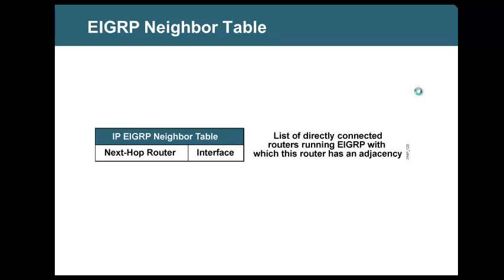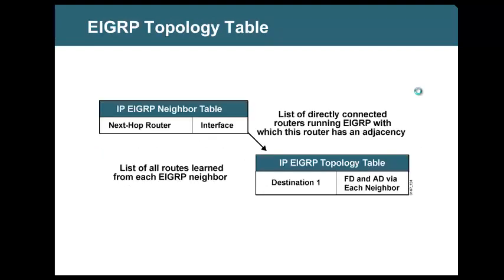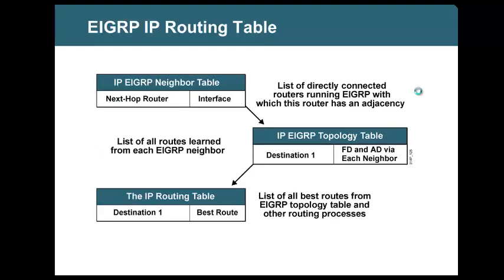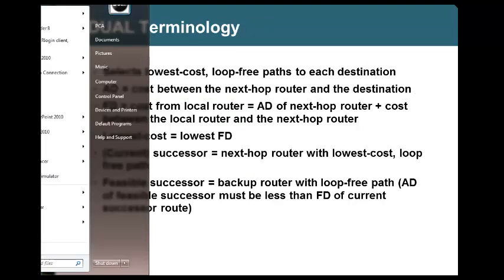Directly connected neighbors, either physically or through tunnel. Now, to understand the other two tables, the topology table and routing table, we need to understand this page. I just want to break this into a simple way so that you will not waste much time on this.